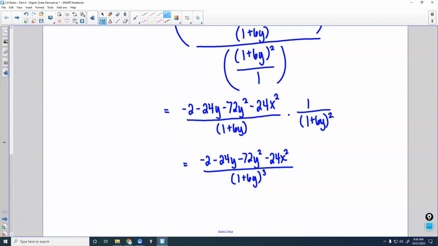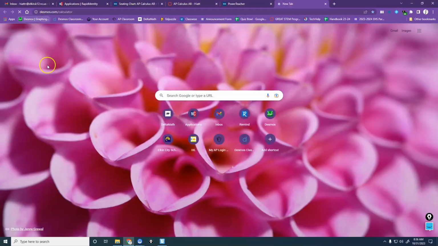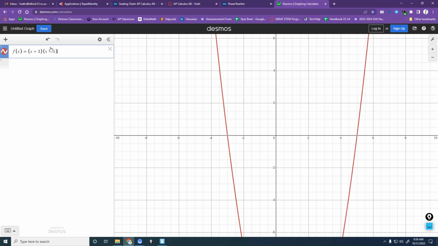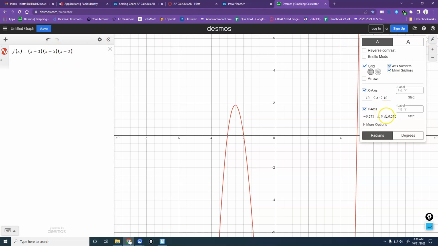Well, for example, Desmos will help answer that question a little bit, I think. If I have f of x equals x plus 3 times x minus 5 times x plus 2, let's make it show up better.